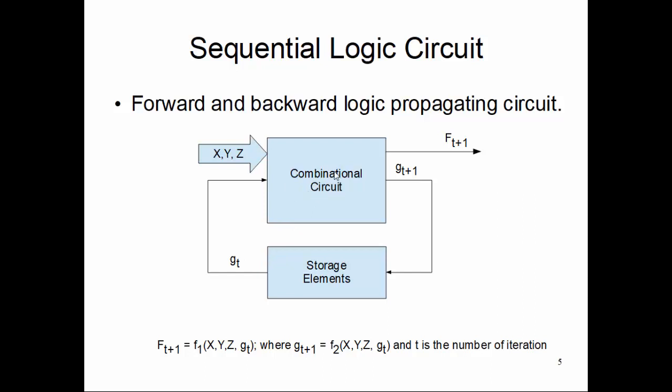So for F10, you will be using G9 and XYZ at that moment, whatever the logic combination is there. At F5, we'll use G4 into this combinational circuit, and whatever the logic combination at that point of time.